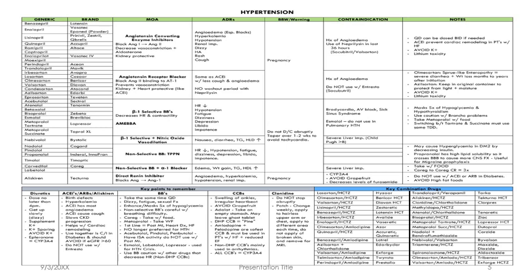Let's move on. Beta 1 selective blockers. These are beta blockers, but we are first talking about beta 1 selective. These drugs decrease heart rate and contractility. You can use a mnemonic for these drugs: AMEBBA.